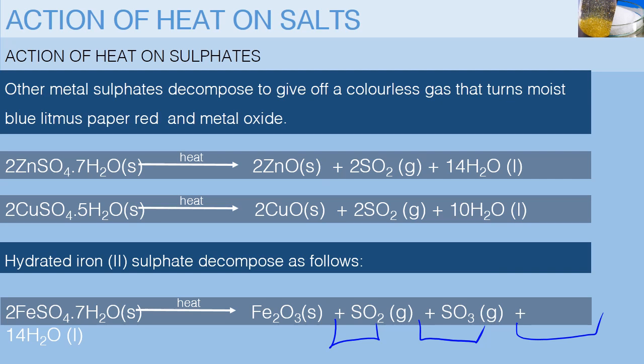Now you see it forms a mixture of two gases, sulfur 4 oxide and sulfur 6 oxide. And remember also, iron 2 sulfate forms iron 3 oxide. Those are unique properties that you need to be very keen not to forget.